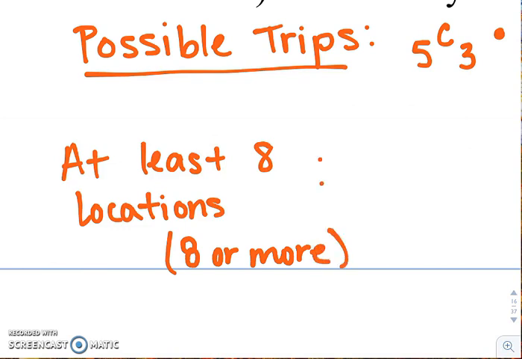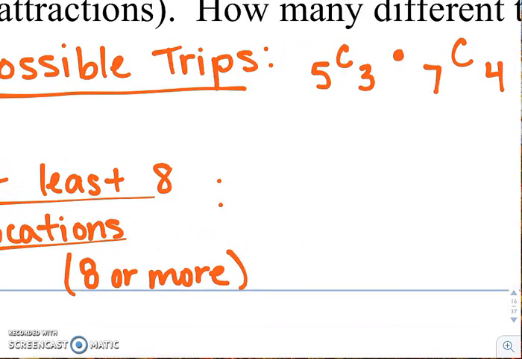So at least 8 locations would mean 8 or 9 or 10 or 11. We've got a total of 5 and 7, so we have 12 total. So that means 8 or 9 or 10 or 11 or 12 locations we could visit. So the first one would be, of those 12, choosing 8.